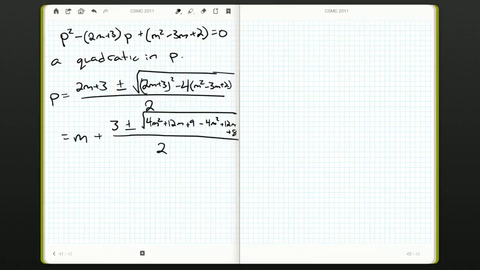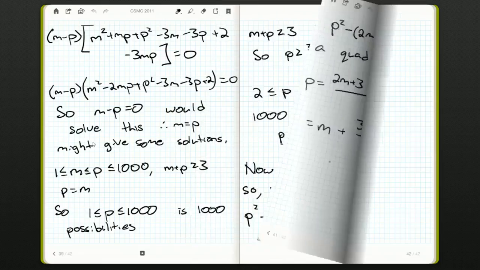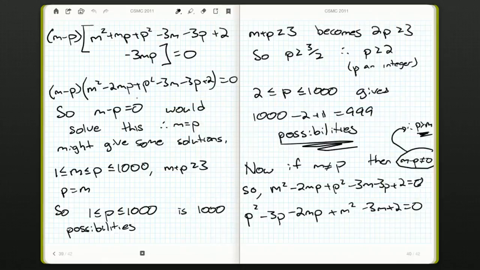I mean, we might not be so lucky, but the 4m squared's canceled out, so it would be really nice. So we had this equation. We copied it out correctly down here. P squared minus 3p minus 3m, 2 m squared minus 2mp.